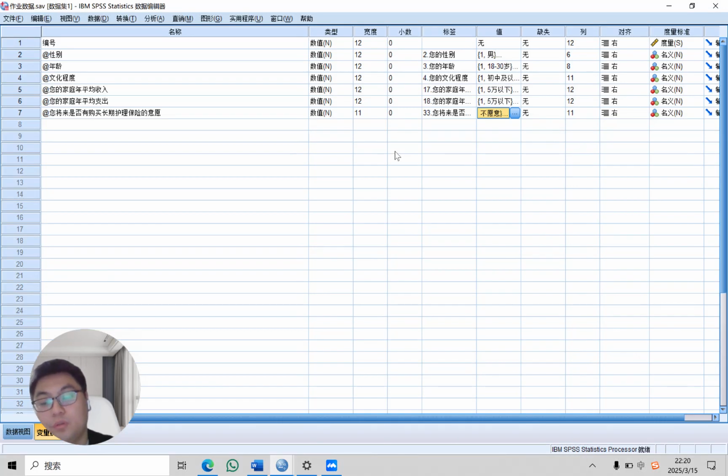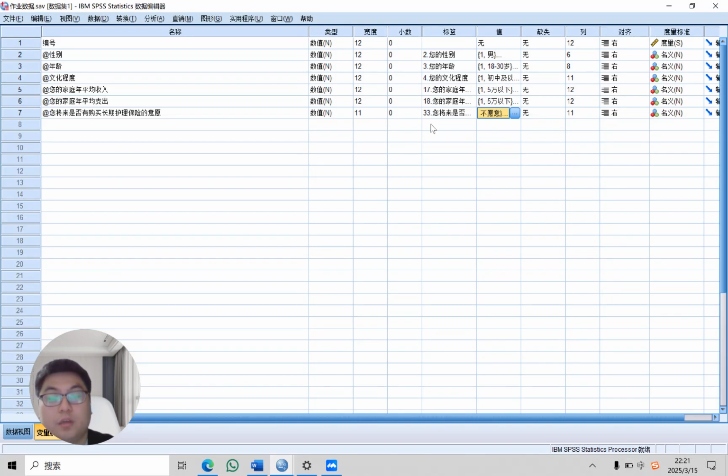For continuous variables, we should mainly focus on their mean, standard deviation, skewness, and kurtosis.